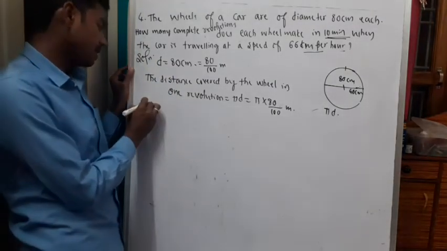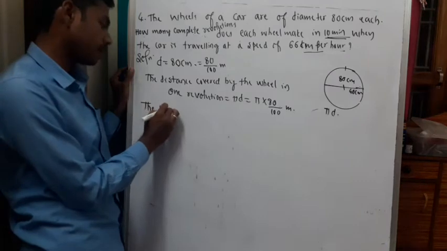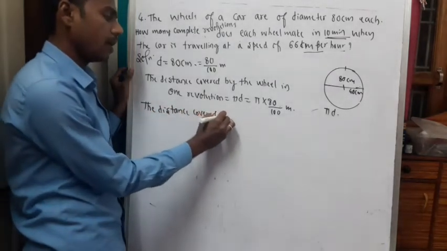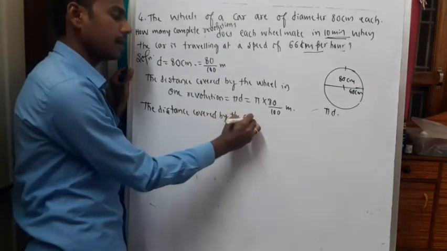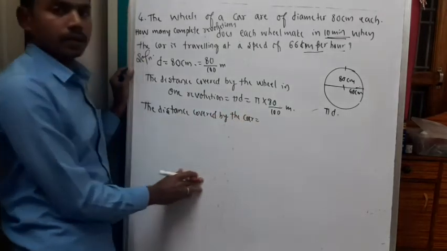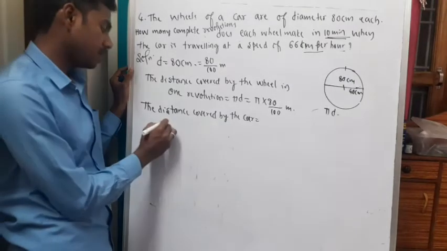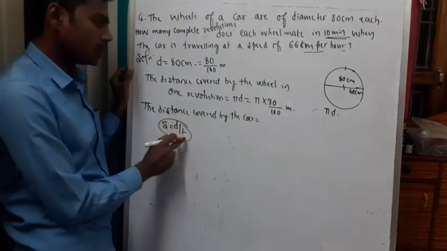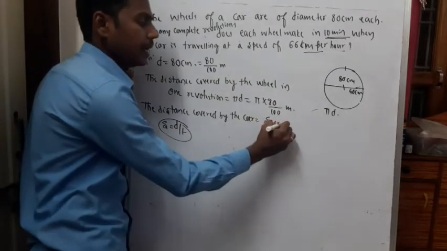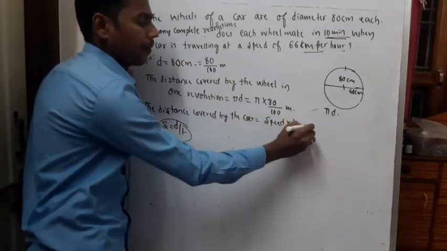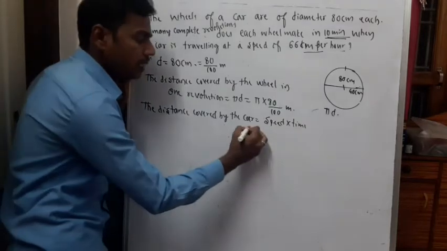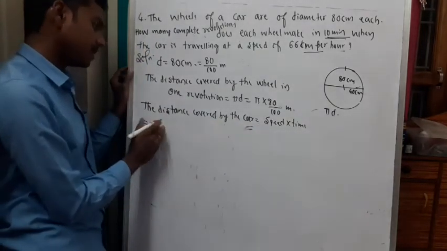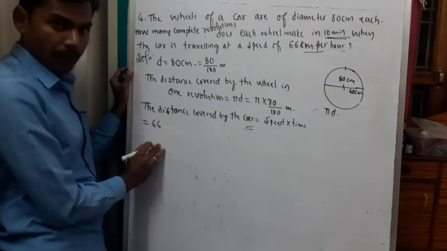Then the distance covered by the car is equal to, you know that speed is equal to distance by time. Then distance is equal to speed into time. Fine. Now what is speed? Speed is 66 kilometer per hour.